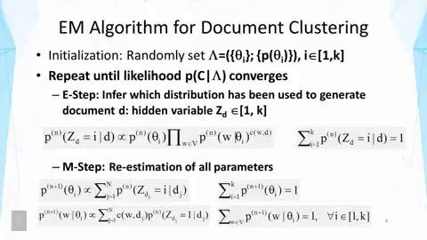And so this is proportional to the sum of the probability of Z_dj equal to i. And so this gives us all the evidence about using topic i, or theta_i, to generate a document. And we put them together, and then again, we normalize them into probabilities. So this is for P of theta_i.